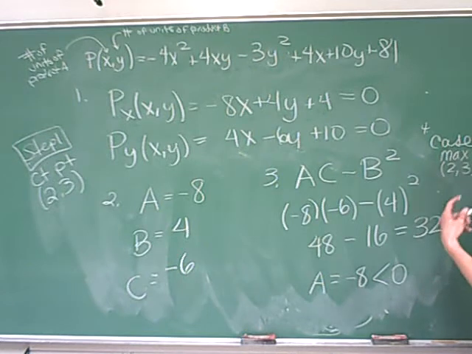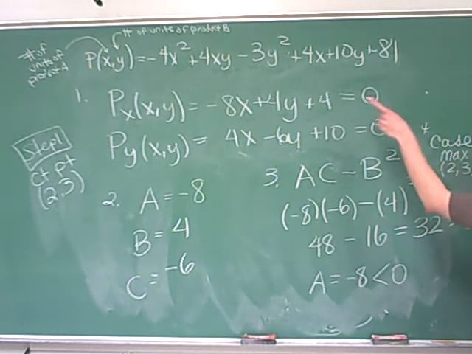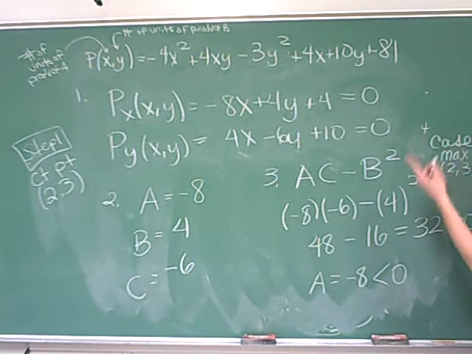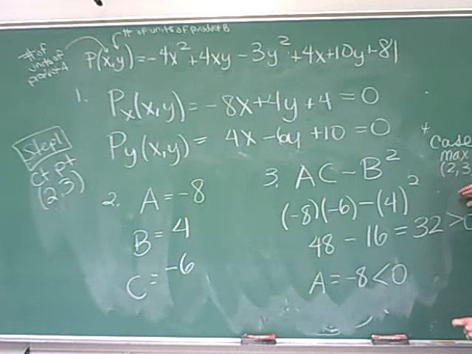So what's the maximum value that I get of my profit function when the number of units for product A is 2 and the number of units for product B is 3? So I'm going to plug these two values back into the original function to find the maximum value of the profit.